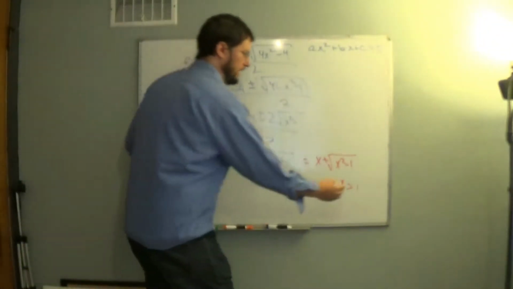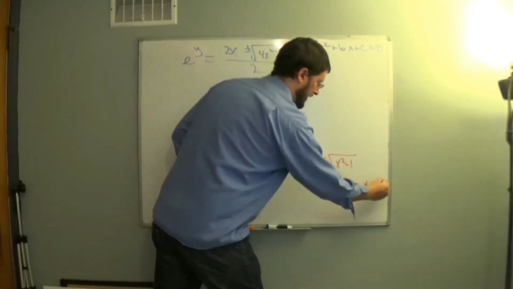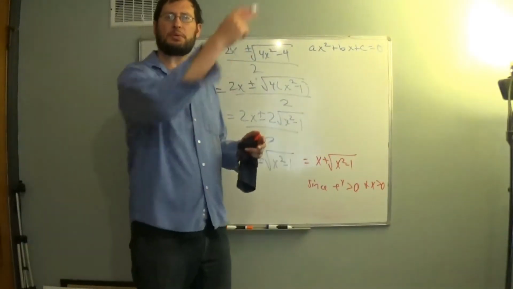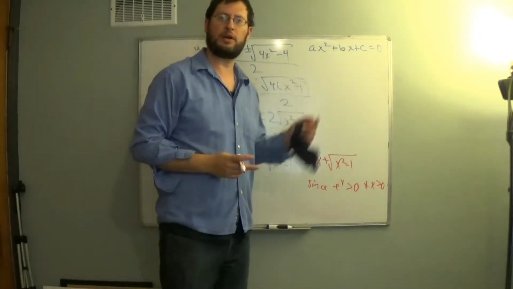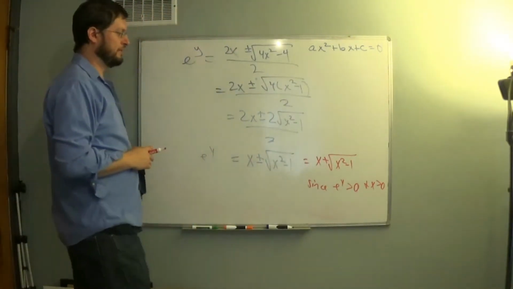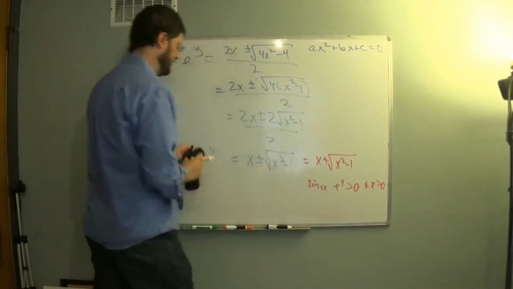And also, since e to the y has to be positive, x is positive too, because remember we were looking at the right hand side of the hyperbola, where we only had positive values of x. Right. So we get e to the y is equal to this.